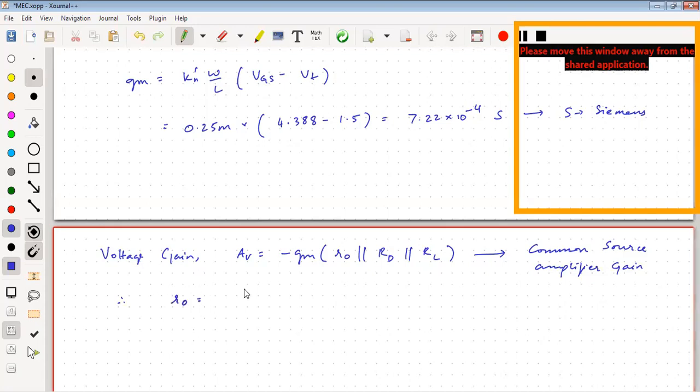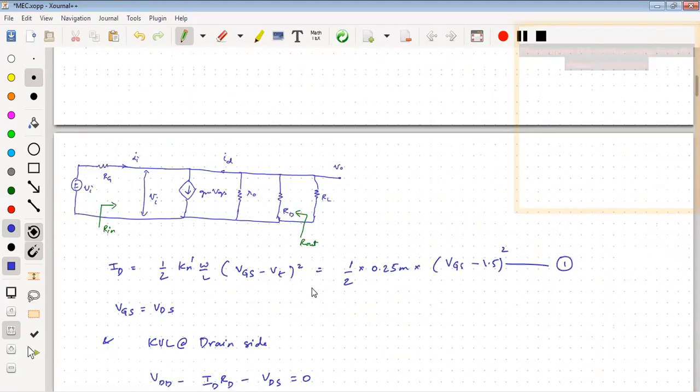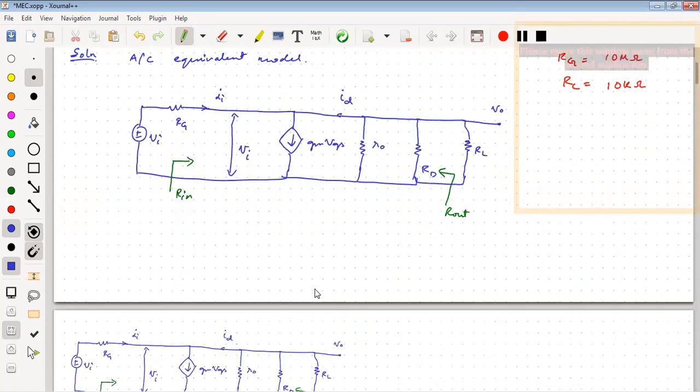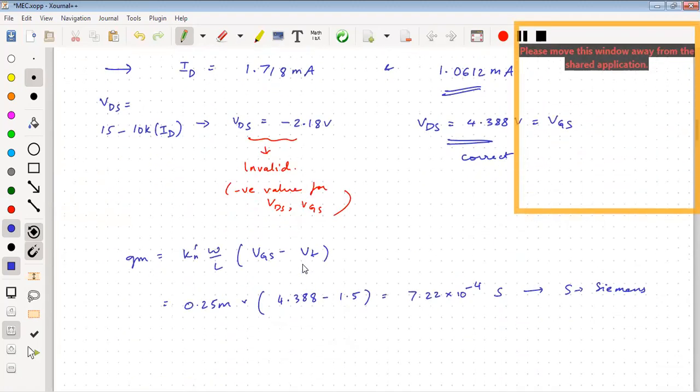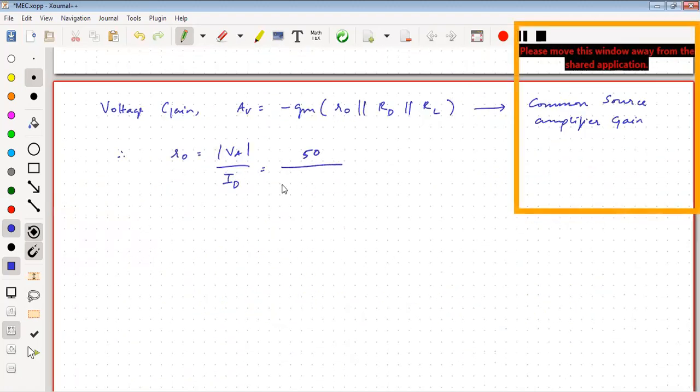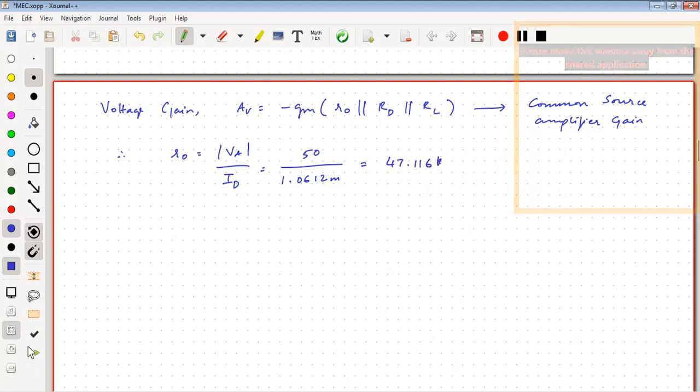So for ro, it is actually mod VA by ID. VA is already given. VA is 50 volts and ID is 1.0612 milliamps. So 50 divided by 1.0612 will give me 47.116 kilo ohms. Right. So finally, I have ro.